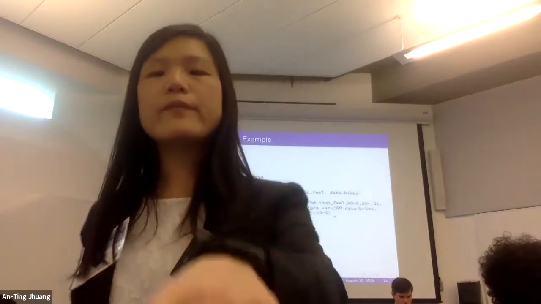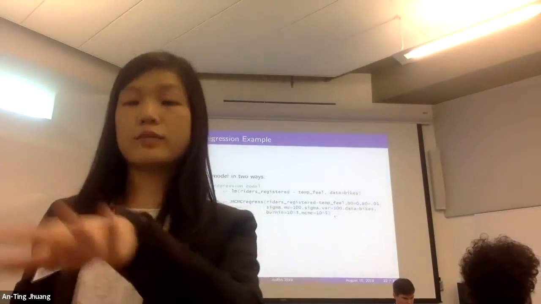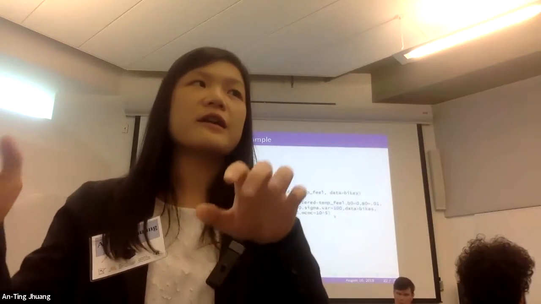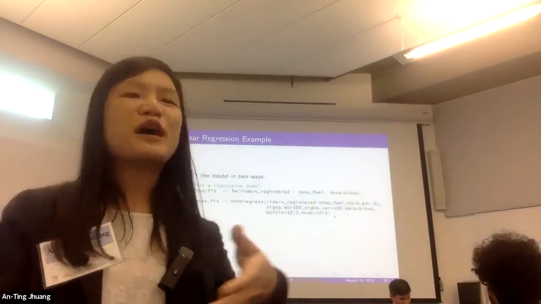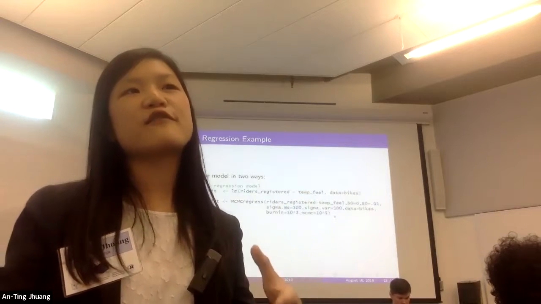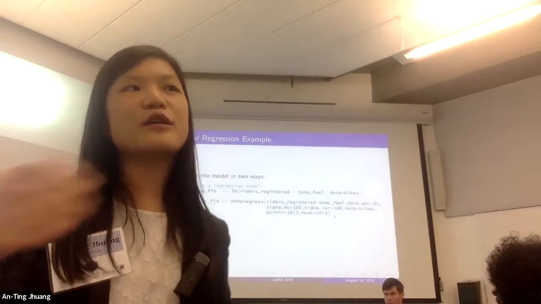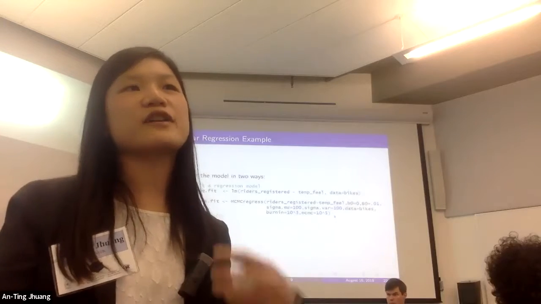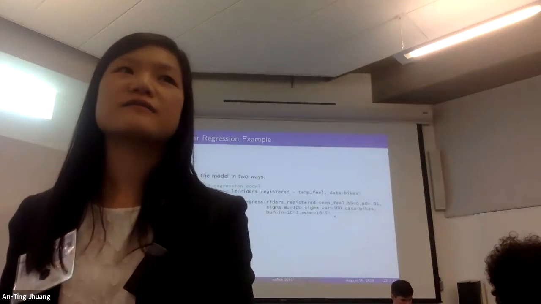The little b0 and the big B0 here are actually the parameter specification of a normal prior. So they assume that the beta regression coefficients have a normal prior, and the random error variance has an inverse gamma prior.